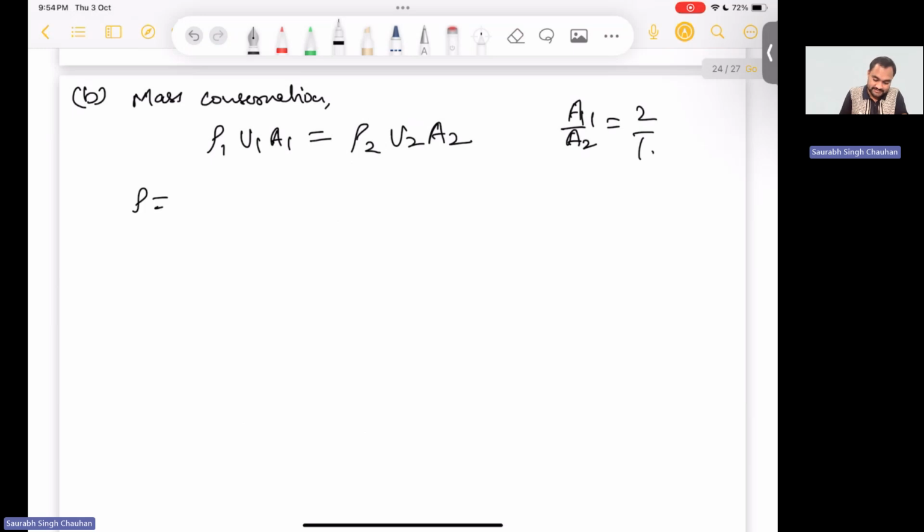And density is just the reciprocal of specific volume, and that is equal to 1 by RT by P, because from the ideal gas equation you have P equal to RT.